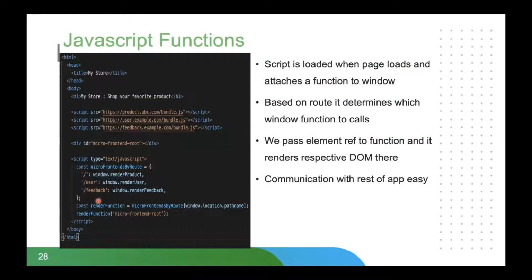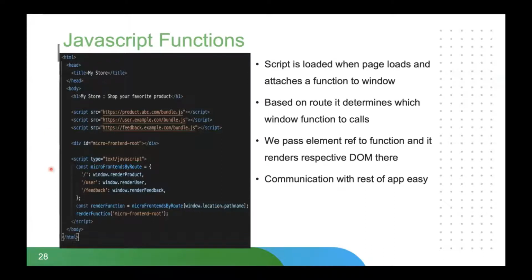Next one is JavaScript functions, and this is pretty much the standard that people are using. Here this is my container, or shell app, in the micro frontend, as has already been talked about. In micro frontend, one is the container or shell app, and the other three or four, or any number of, micro frontends can be built independently, deployed independently, and then integrated with the container.